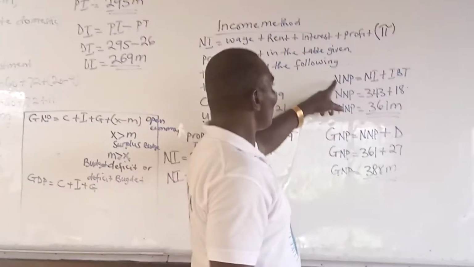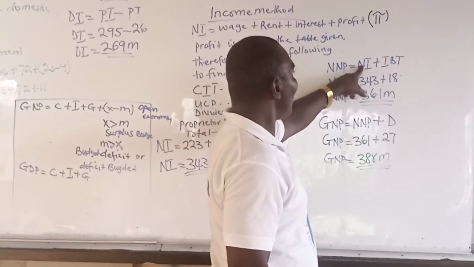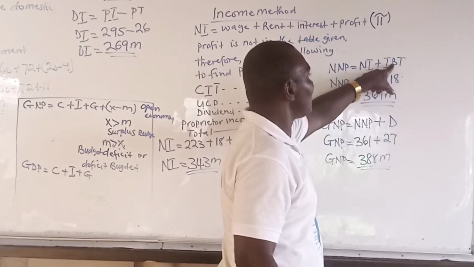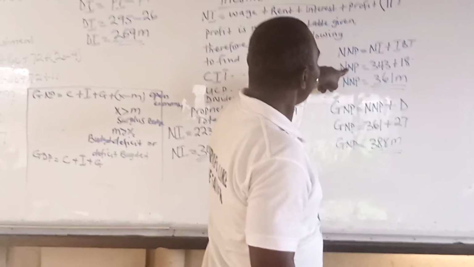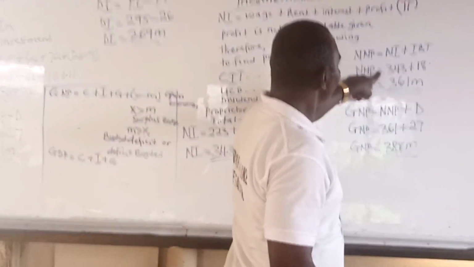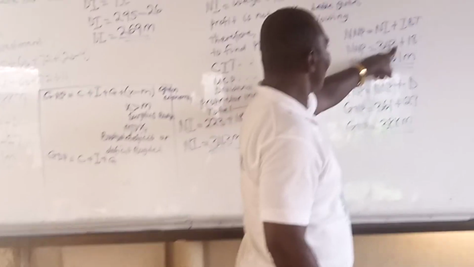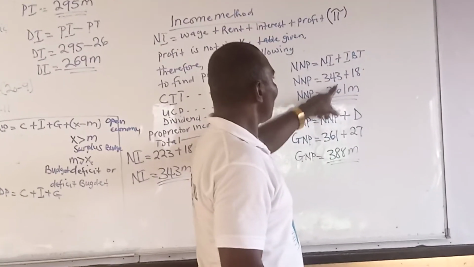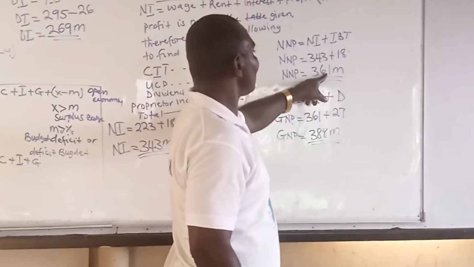From here now we come to NNP. The net national product should be equal to NR plus indirect business tax, IBT. So NNP should be equal to the value for NR, 343 million, plus 18. If we add these two, it will give us 361 million.